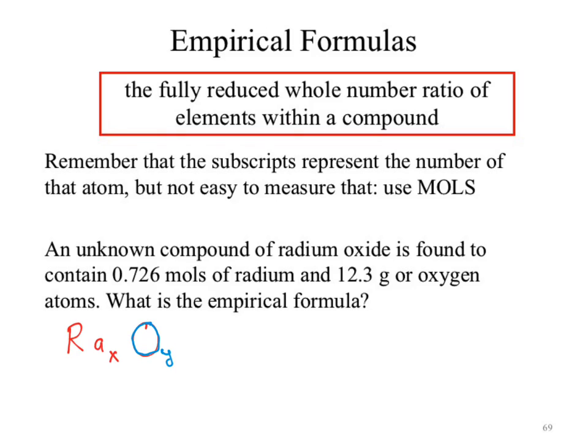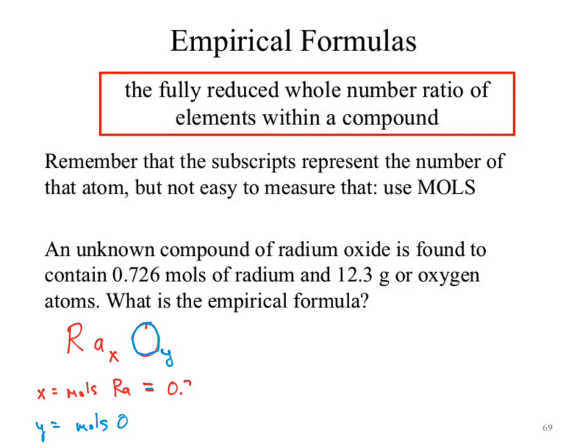Okay, so I can go back up to the question and say, am I given either of those pieces of information? So X is the moles of radium, Y equals the moles of oxygen. Am I given the moles of radium? Actually, it's right there. Okay, so I know X, whoops, we color code.